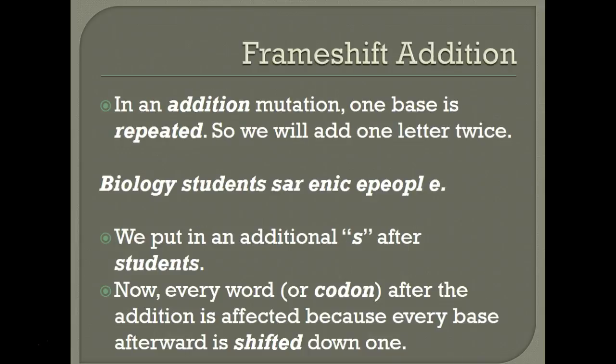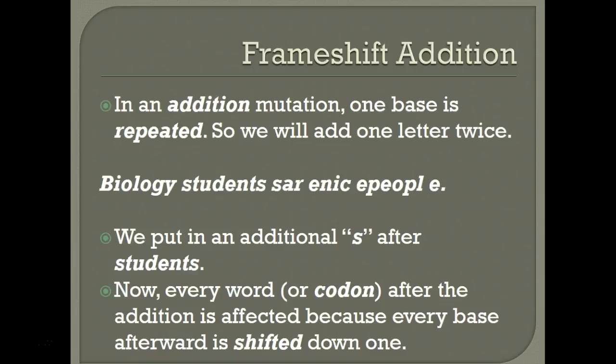Now in a frameshift addition, remember we're going to add a letter or a base, or you might think of it as repeating one. So we're going to add an S after the word students. Remember, because the ribosome reads it codons at a time, it's going to shift everything after that addition.